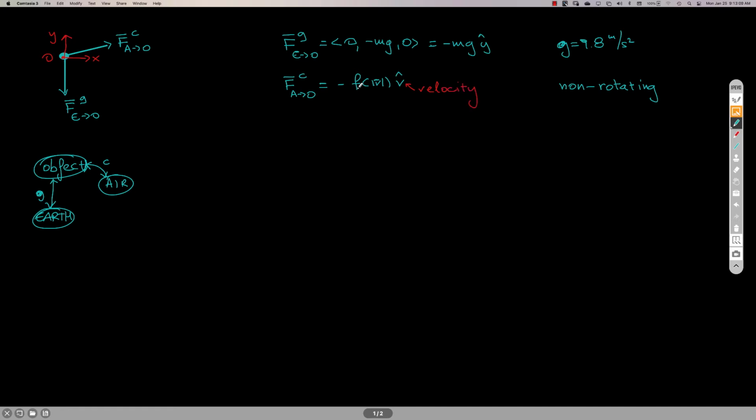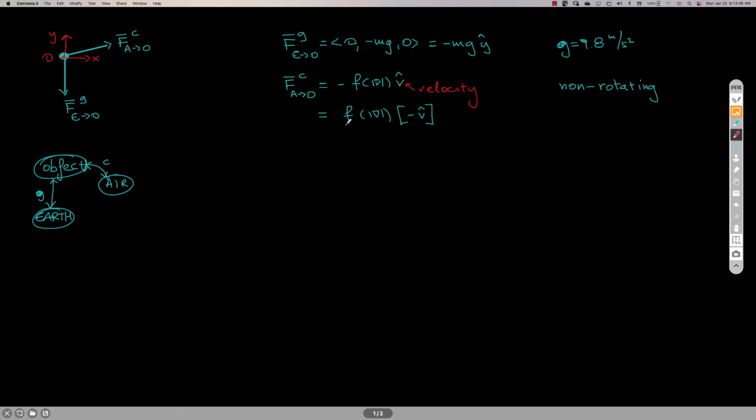So what this expression is telling me is that the magnitude of that contact force with the air is given by the value of this function for a particular speed, which means the strength of this is changing as the speed of the projectile is changing, and the direction depends on the direction of the velocity.